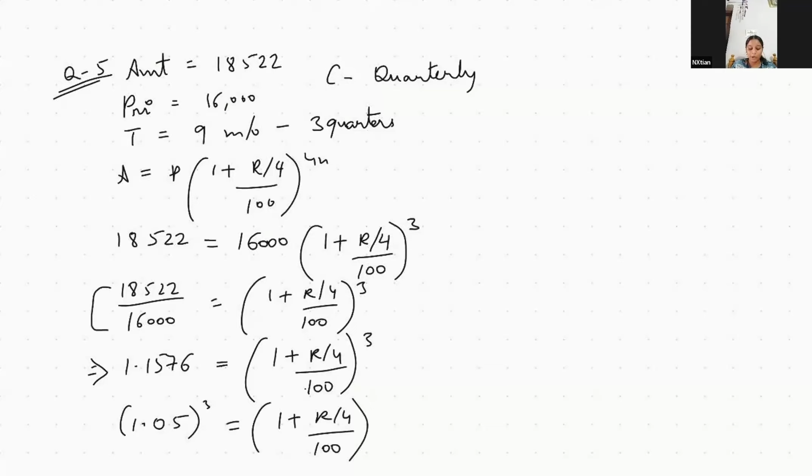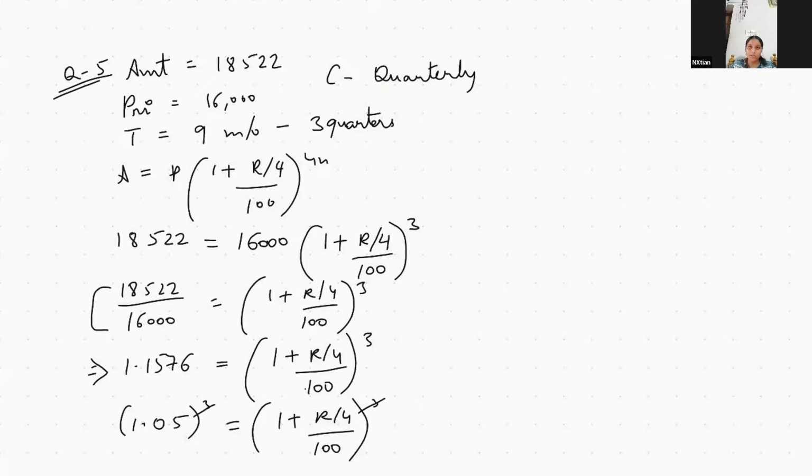Why did I divide it? Because directly you will not be able to find the cube roots of 18,522 and 16,000. This is the method where you subtract 1 from both sides, the one I taught yesterday.